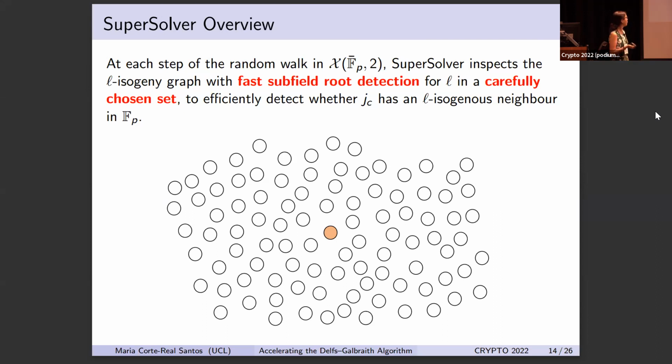And so what you want to do is sort of scan a larger proportion of the graph. So if you were just looking at L equals 2 and taking steps in the 2-isogeny graph, then you would only sort of reveal 2 of the neighbors. But if you could scan a larger proportion of the graph for more L in an efficient way, then maybe you could cover a larger proportion of the graph at each step and find your FP node faster.